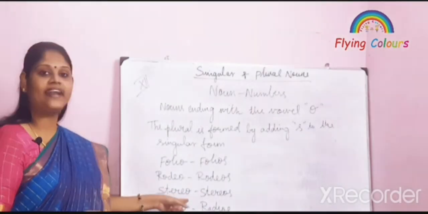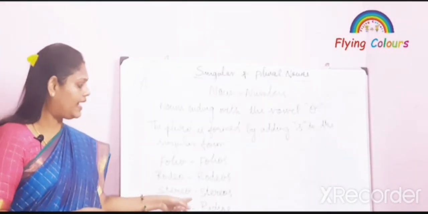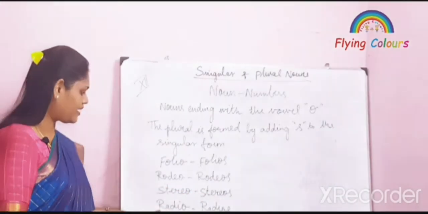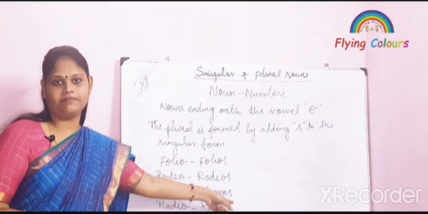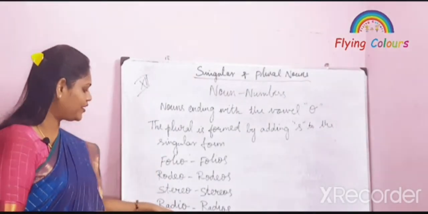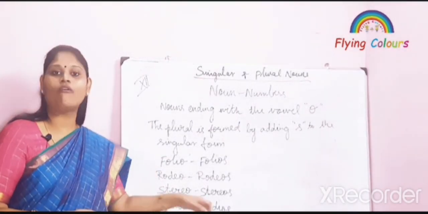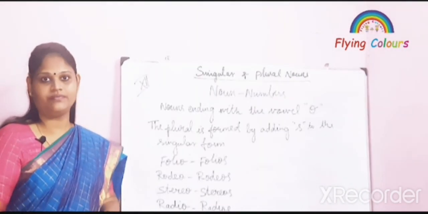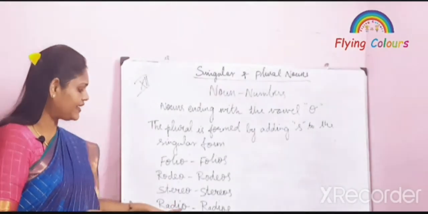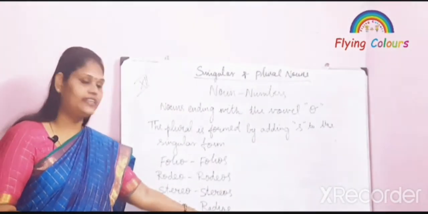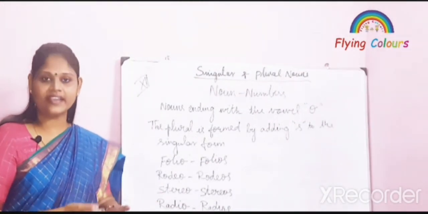This also ends in the vowel O, and you should add only S at its suffix. Suffix means ending word, prefix means before, starting words. So radio, radios. I have one radio with me. He has 4 radios. So if you find a vowel at the end of the singular noun, you can add S to make it plural.